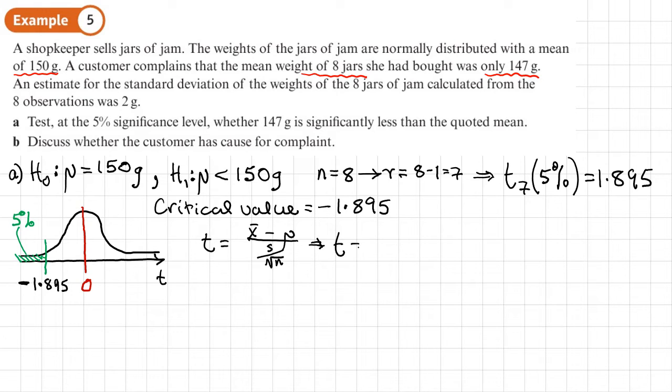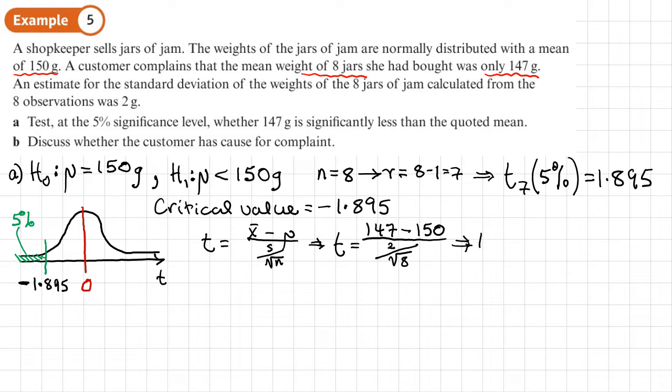So t will be equal to, now her sample mean was 147, the population mean was 150, divided by, now what's its sample variance? Oh, that's standard deviation, so do watch out for that in case we need to square root that. So it's just 2 divided by the square root of n, and that's 8, square root of 8.